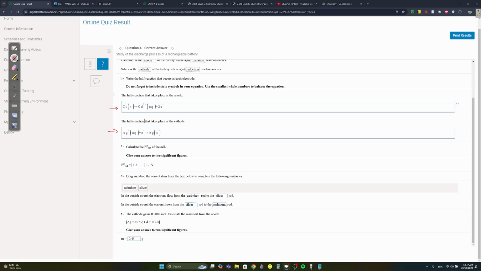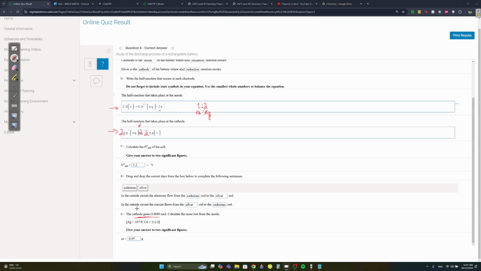You can only combine them directly when you can cancel the electrons, so you have to multiply this whole reaction by 2. Before combining, you immediately know it's going to be 1 Cd for every 2 Ag.